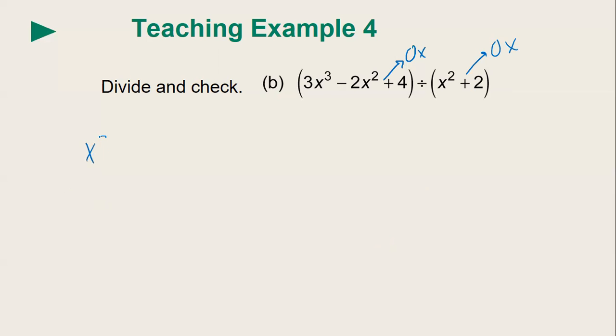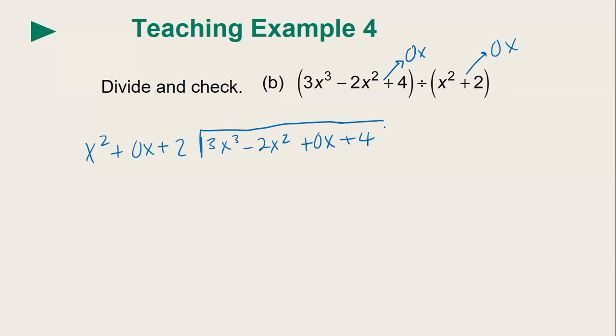So we have x squared plus 0x plus 2 divided into 3x cubed minus 2x squared plus 0x plus 4. That's where we stop. Did adding those 0 terms change my problem? No.